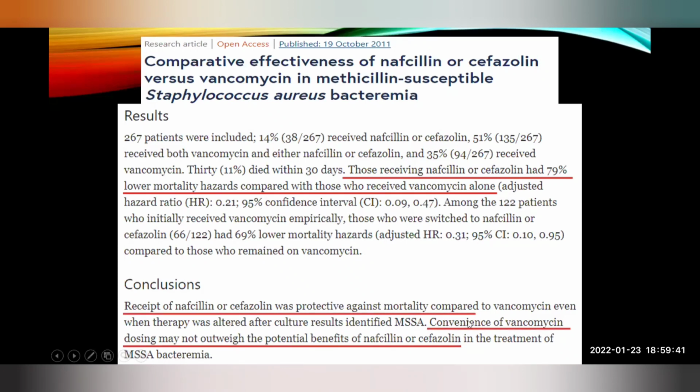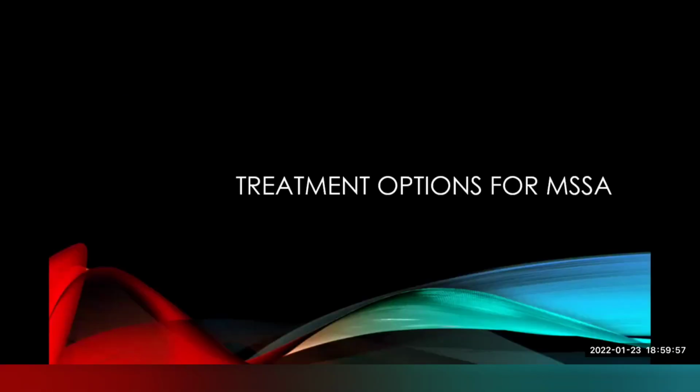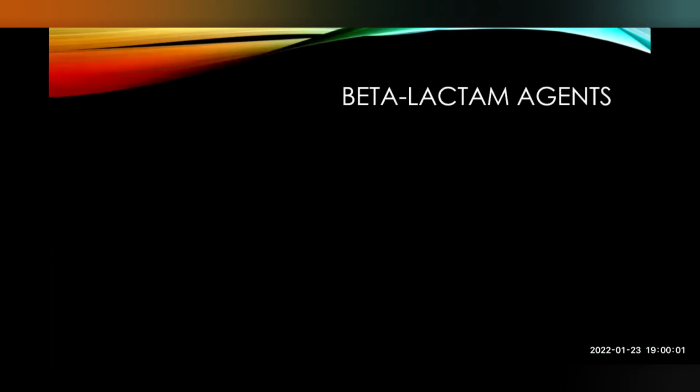And again, the convenience: one of the major issues of anti-staphylococcal penicillin is that it is 6 hourly, 4 times dosing. But the convenience of vancomycin dosing should not outweigh the potential benefit of penicillin or cefazolin. So now coming to the treatment options for MSSA.